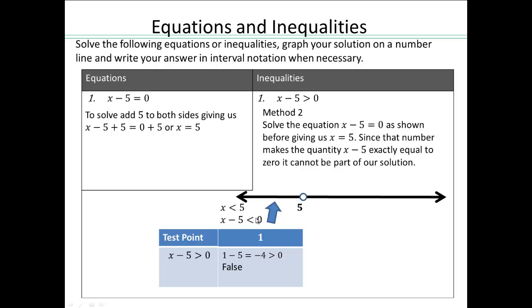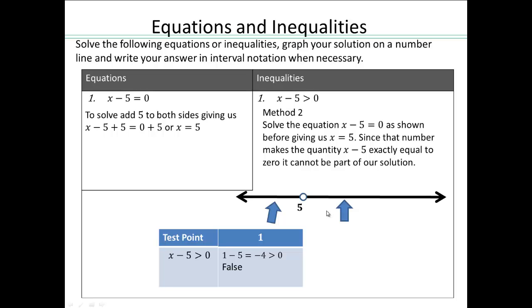That would not be the case for our solutions, because you want numbers bigger than 0. So every single number that you pick from below 5 is going to produce a negative number, so no real number below 5 works. That's why just taking one test point is enough, because all the numbers keep the same sign. They'll always give you a negative number.